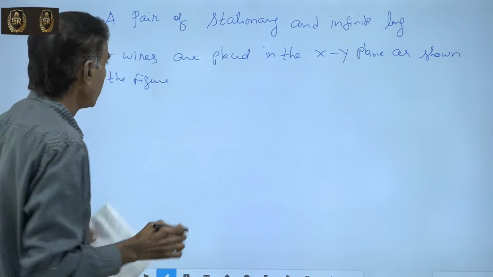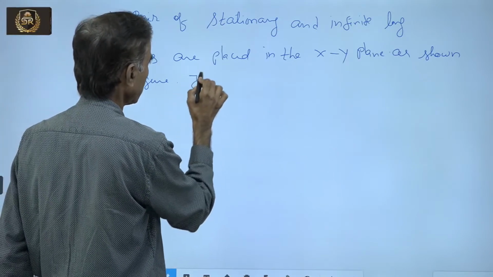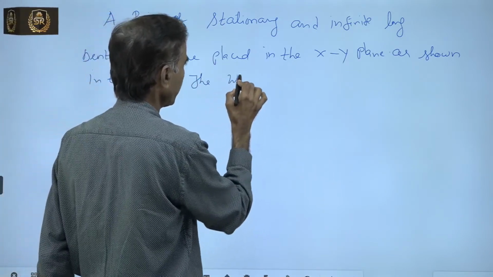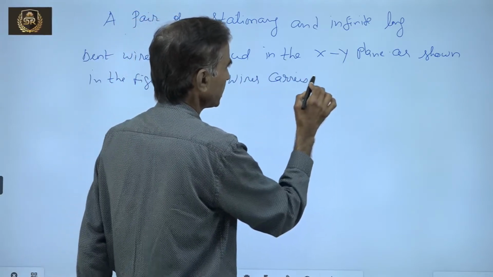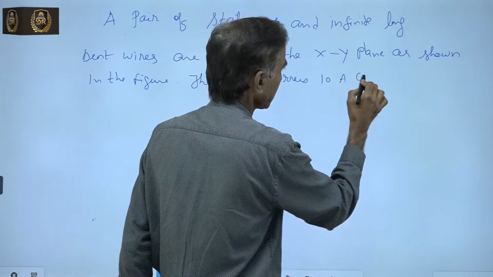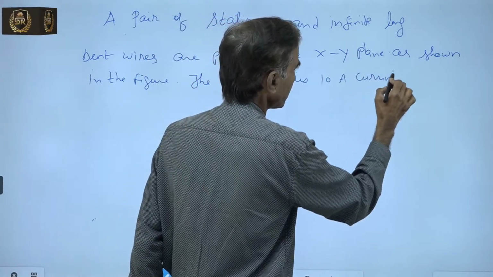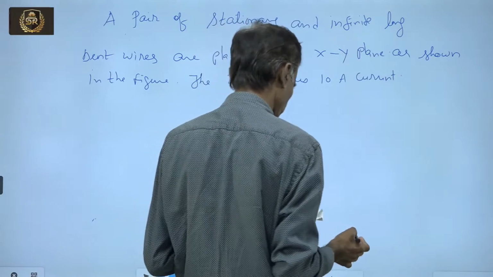What does it say? The wires carry 10 ampere current. So what do you want to find?